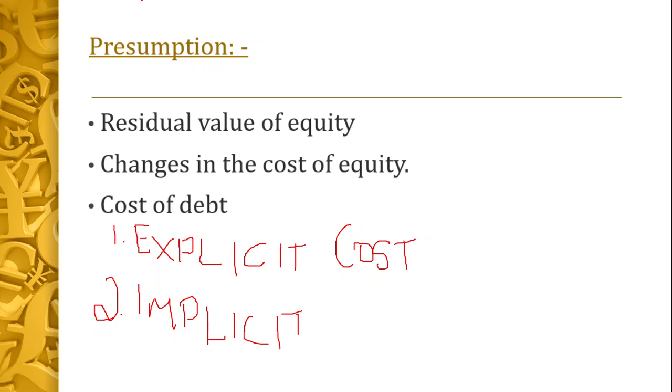What does the NOI approach tell? It tells that the capital structure decision is irrelevant. The net operating income approach, the one we are studying, tells that it is irrelevant. So what is the optimum capital structure?